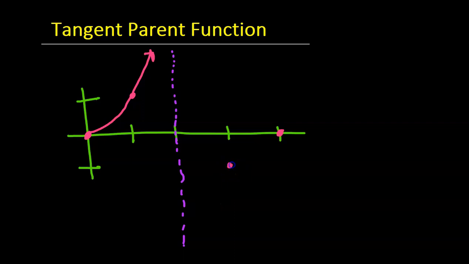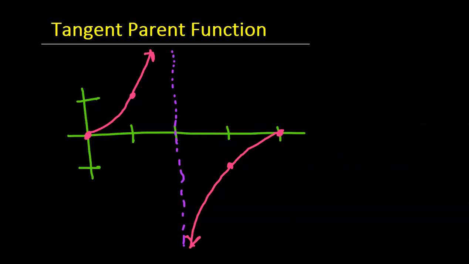So 1/4 period after the asymptote, the graph will be right here. So the graph should be increasing as it approaches the end of its period. So this is what 1 period of the tangent function looks like if we're analyzing the parent function.